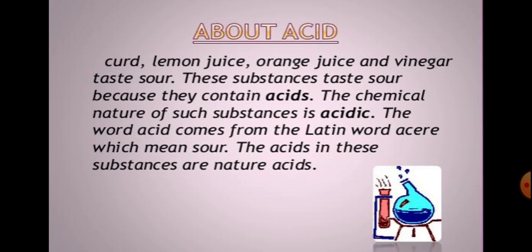For example, we can eat oranges or drink orange juice, which contain natural acid. Similarly, we can consume lemon juice because it also contains organic acid which doesn't harm us.